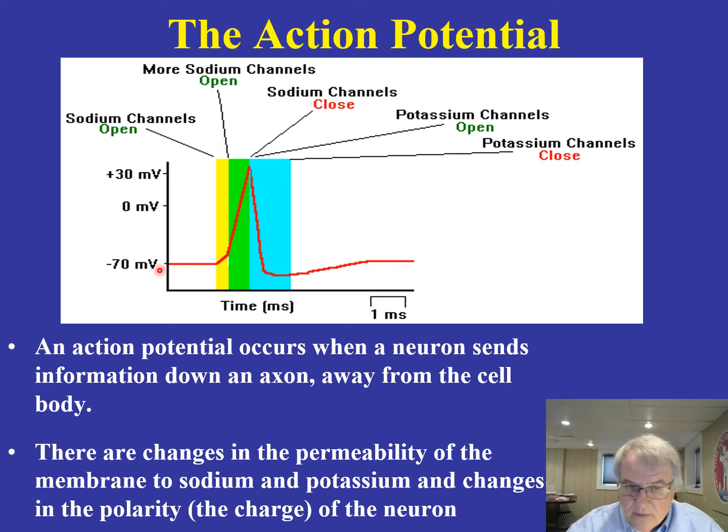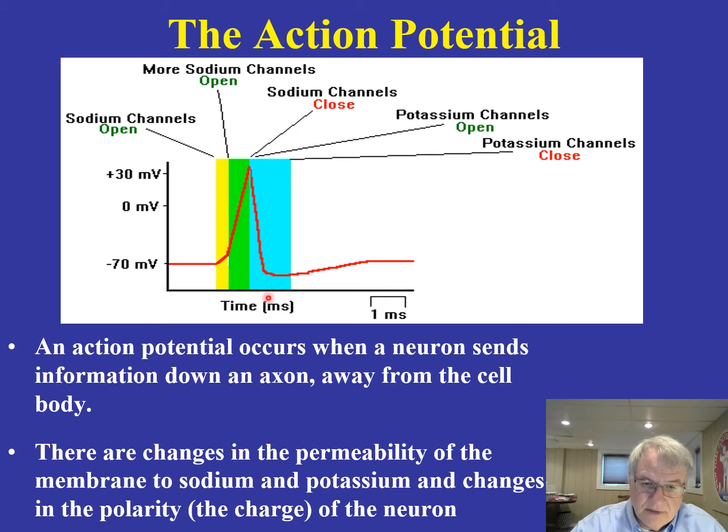So let's take a look at what happens when there's an actual action potential that occurs when the neuron reaches a threshold point where it can fire. You can see that it is depolarizing and becoming less negative and more positive. And again, this axis is time.